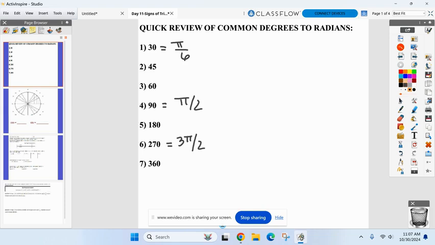How about 60? 45 is pi over 4. 180 is pi, 360 is 2 pi. Just trying to make things go a little bit quicker here.